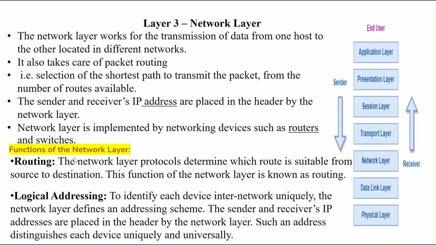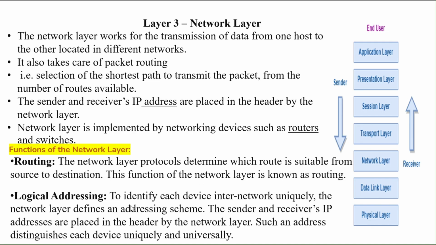Coming to the functions of the network layer: routing, logical addressing. Routing: the network layer protocols determine which route is suitable from source to destination. This function of the network layer is known as routing.